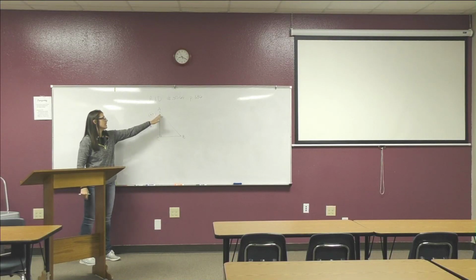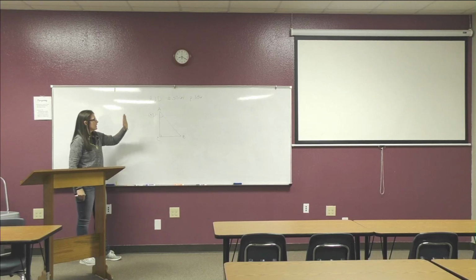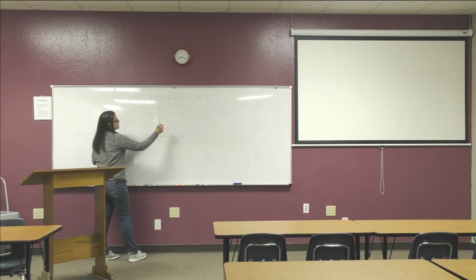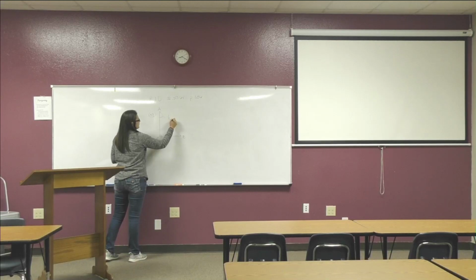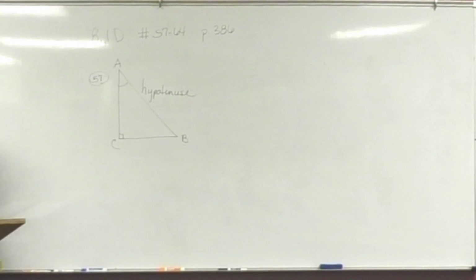Okay, so this angle A is my reference angle in this problem. So let's label these three sides. All right, so the first one that I would do, the easy one, would be the hypotenuse. Now the decision that you have to make is opposite and adjacent.